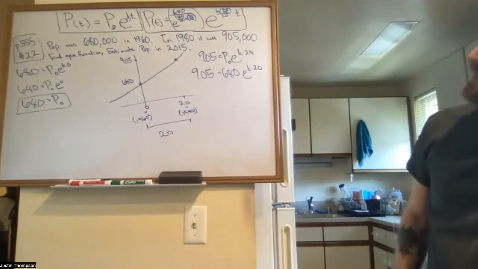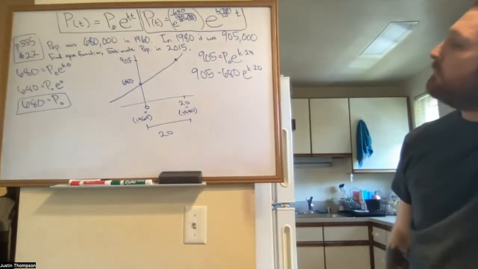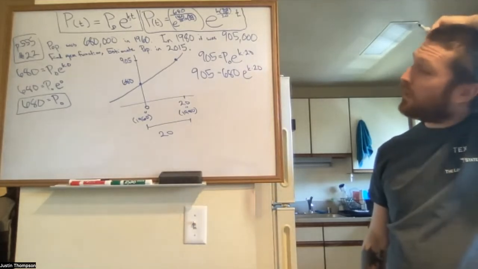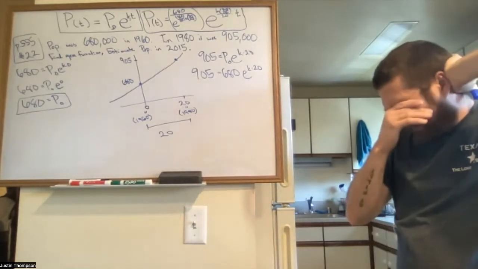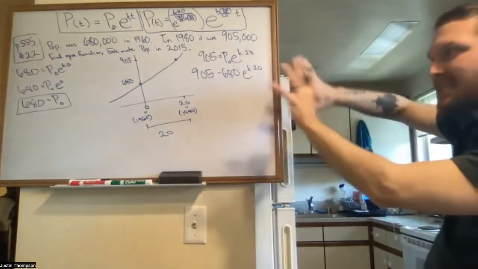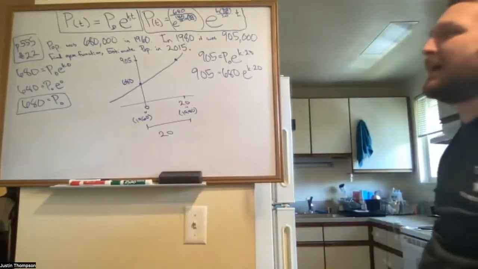Then we say, okay, I'm trying to get k by itself. We could just take the natural log at this point, but that's going to be unnecessarily complicated. We've done this kind of stuff before. We want to peel off as much as we can to get that exponent by itself.